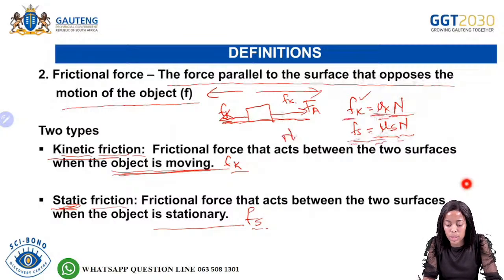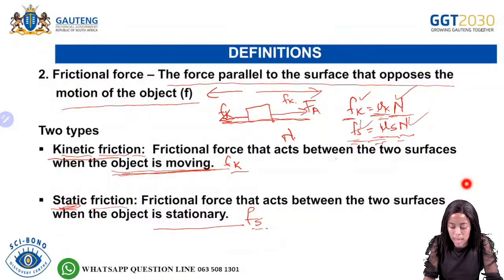What I also want you to take note of is the relationship between the kinetic friction and the normal force, or the static friction and the normal force: they are directly proportional. Fk is directly proportional to the normal force, and Fs is directly proportional to the normal force.